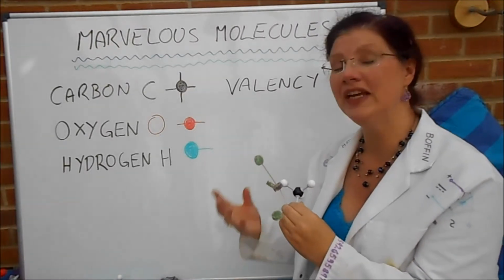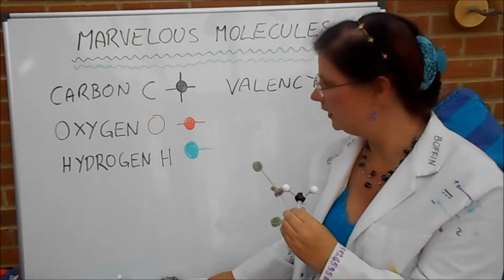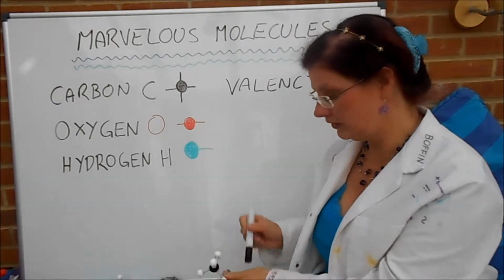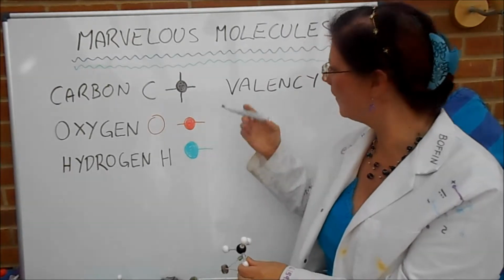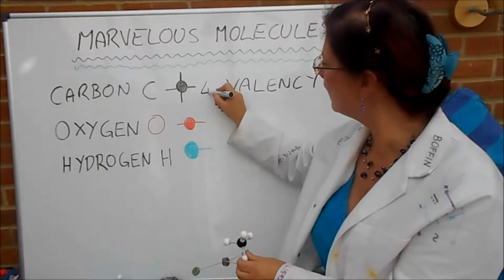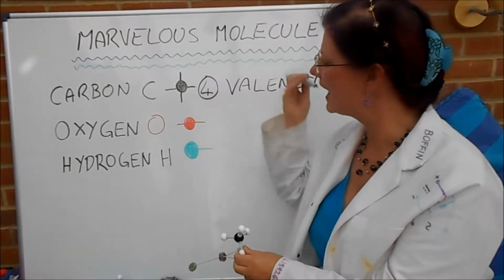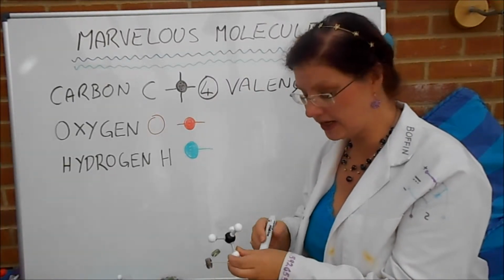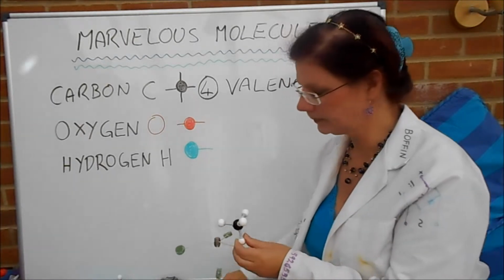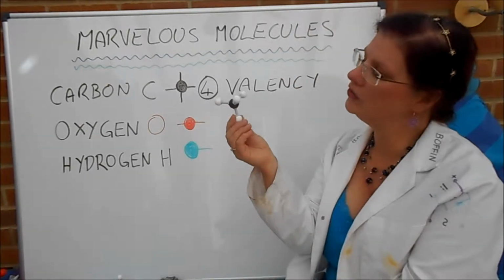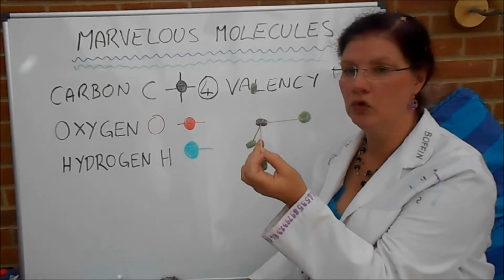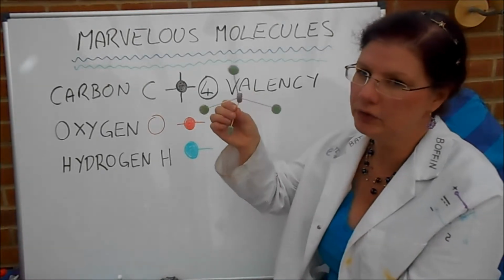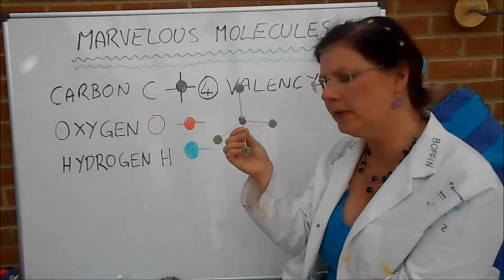We say it has a valency of 4. So carbon has a valency of 4. That means it likes to make 4 bonds. So here it is, stuck to 4 white ones, or 4 green ones on here because you can't get fruit pastels in white. So that's carbon.